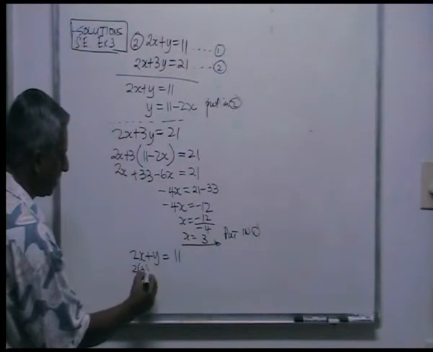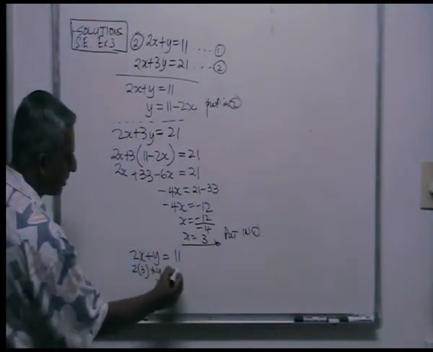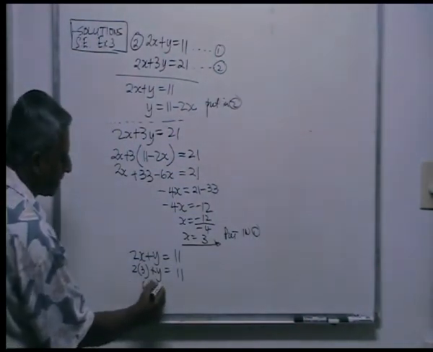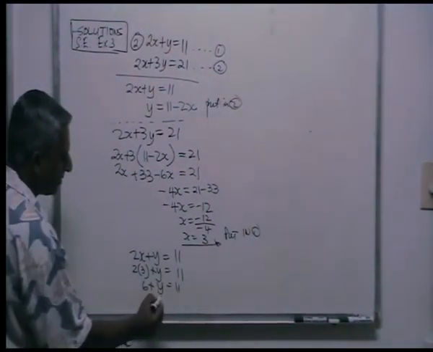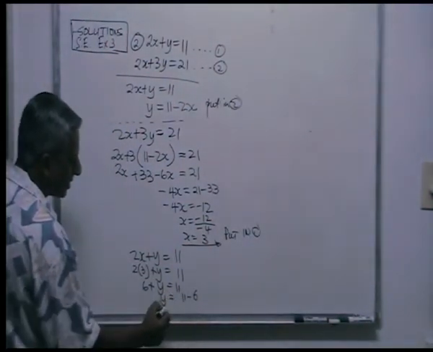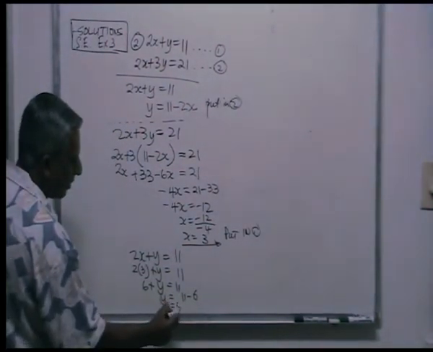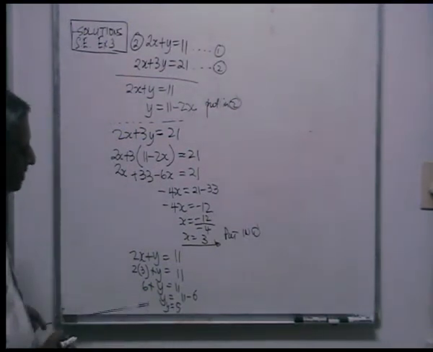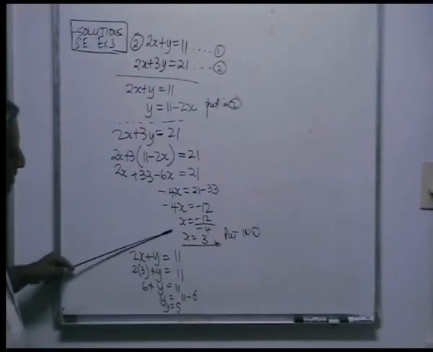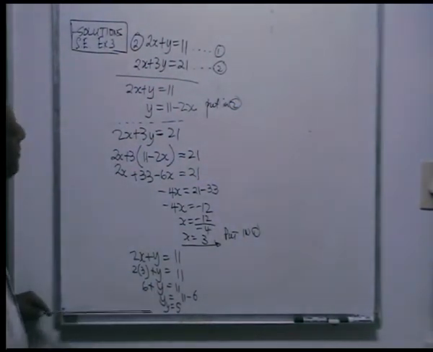So 2 times 3 plus y is equal to 11. So 6 plus y is equal to 11. y is equal to 11 minus 6. y is equal to 5. So the final answer here is y is equal to 5. So x is 3, y is 5.